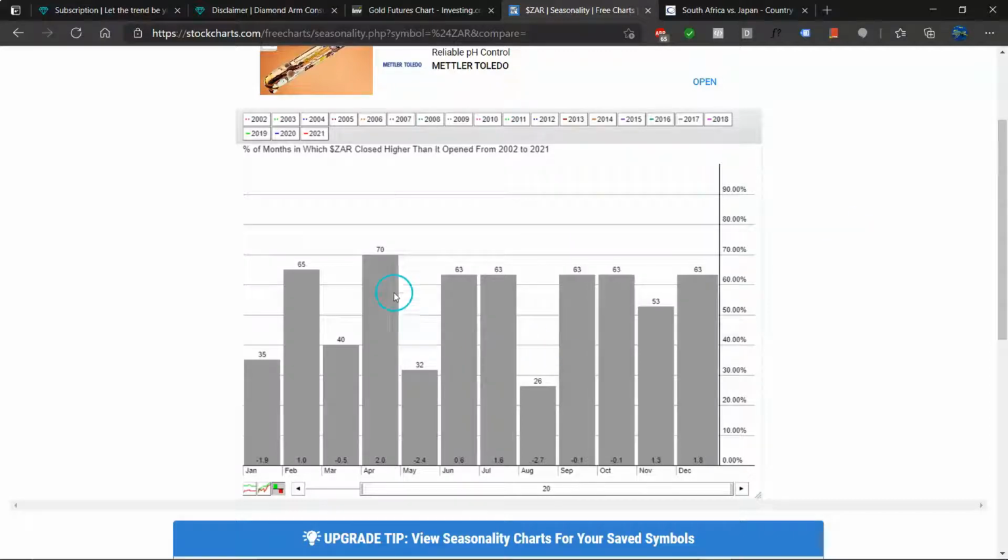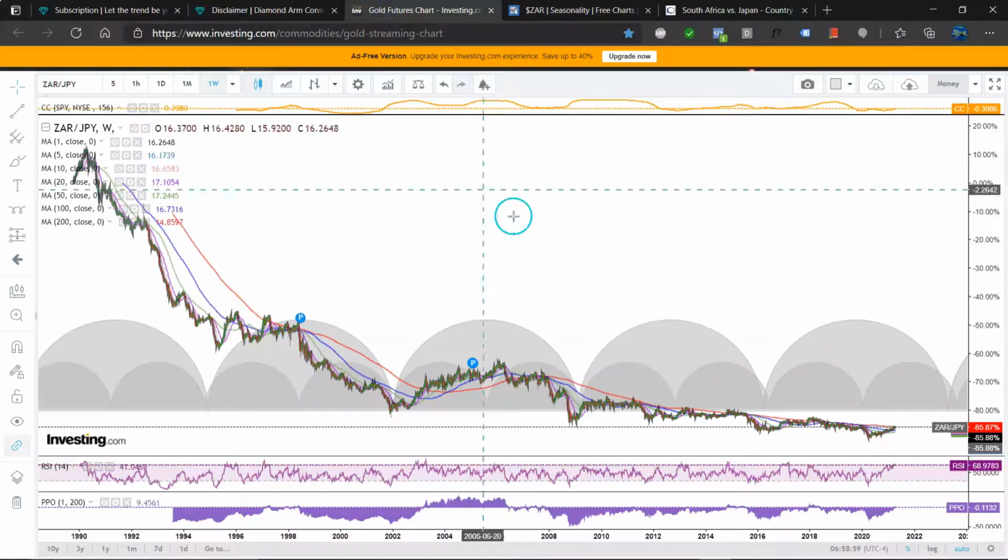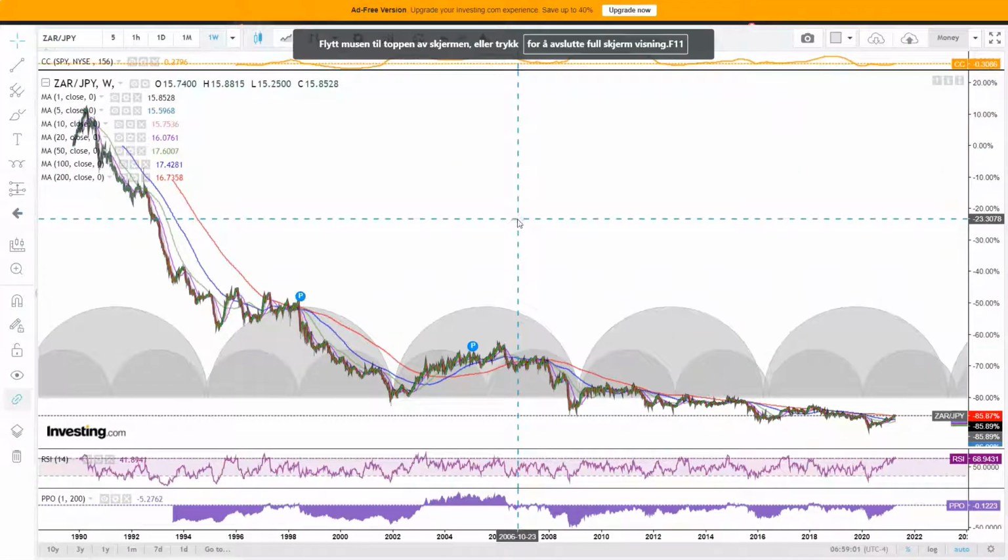And you can see that it is a bit of a messy index, but we do see that May, which is right around the corner, is one of the weakest months for the South African rand. So that is very much relevant, though June and July are significantly stronger, only to be followed by the weakest month, which is August. So a bit of a messy seasonality.